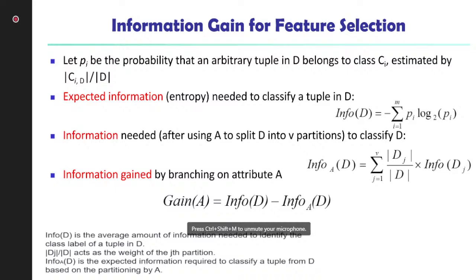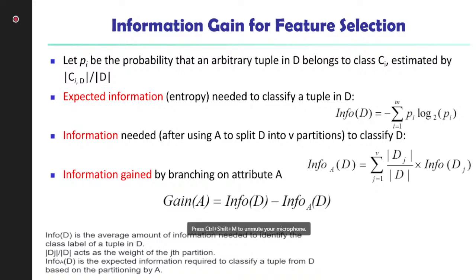Then the information of attribute A would be the sum of |Dj| divided by |D|, where Dj acts as a weight for the jth partition. So |Dj|/|D| acts as a weight, and then Info(D) is the average amount of information needed to identify the class label in D. Okay. But let's move to an example.